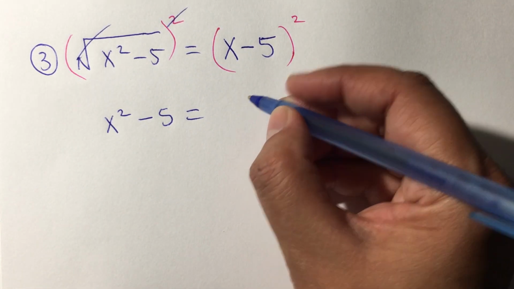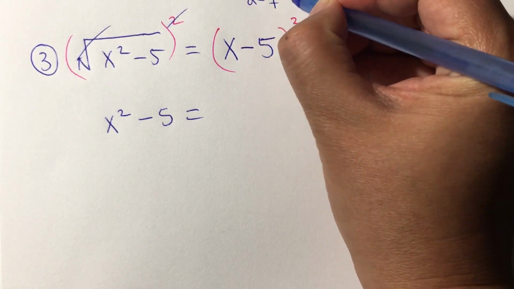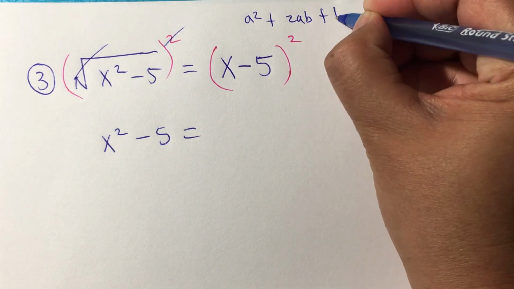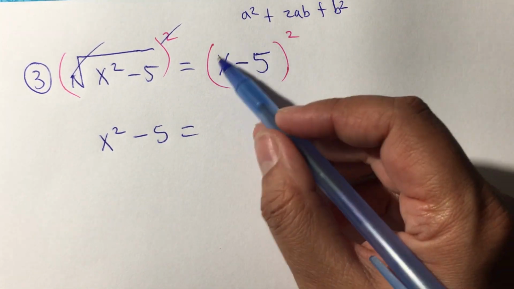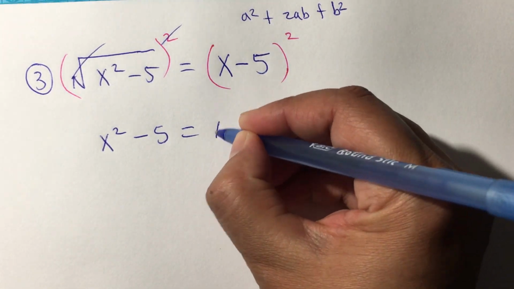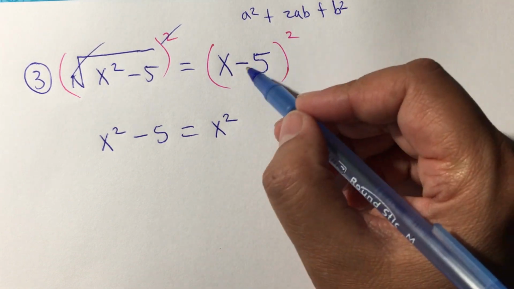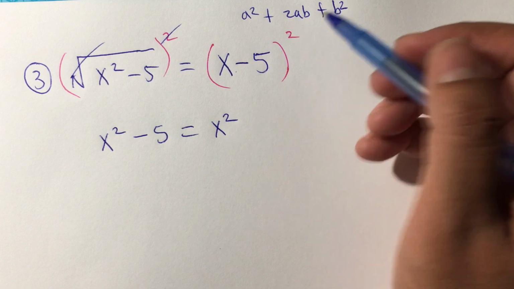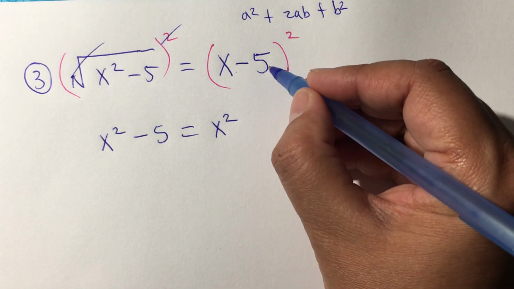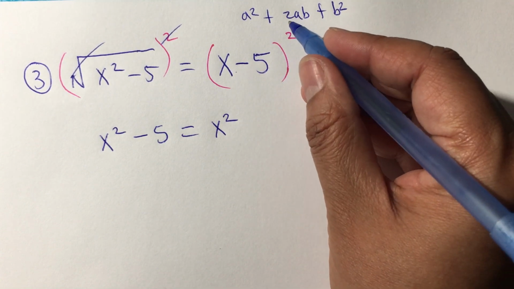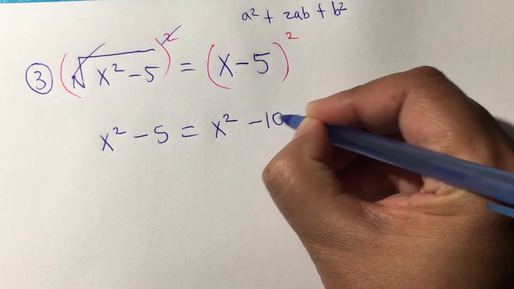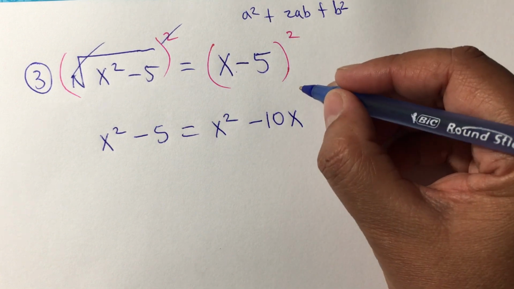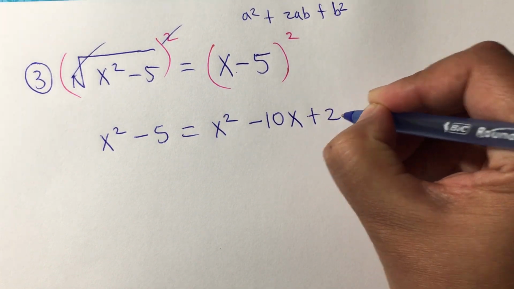And you can do the shortcut of a squared plus 2ab plus b squared, which is square the first term, so it's x squared, then multiply a times b and twice that, so x times negative 5 is negative 5x times 2 is negative 10x, plus b squared. B squared is negative 5 times negative 5, which is positive 25.